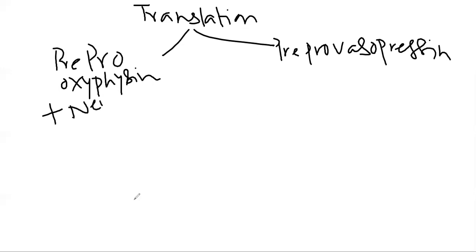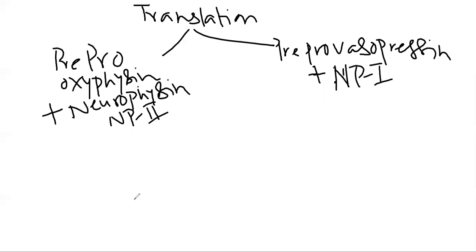So this neurophysin within the pre-pro oxytocin is known as neurophysin 2 or NP2, and in the pre-pro vasopressin, the co-secreted peptide neurophysin is known as neurophysin 1.